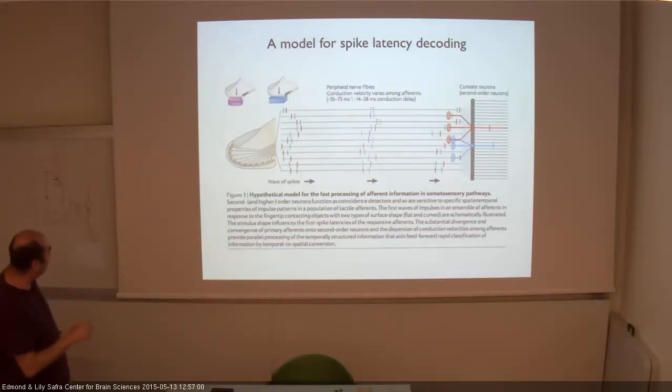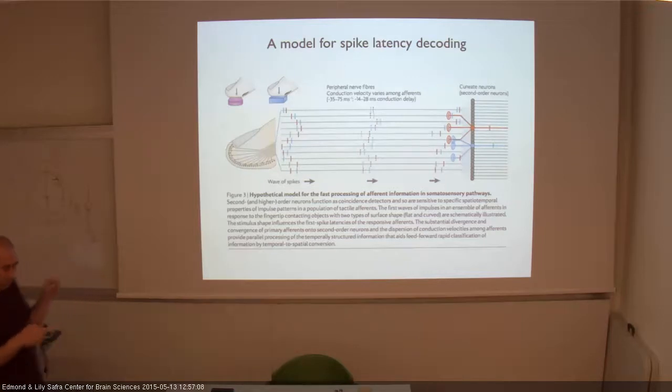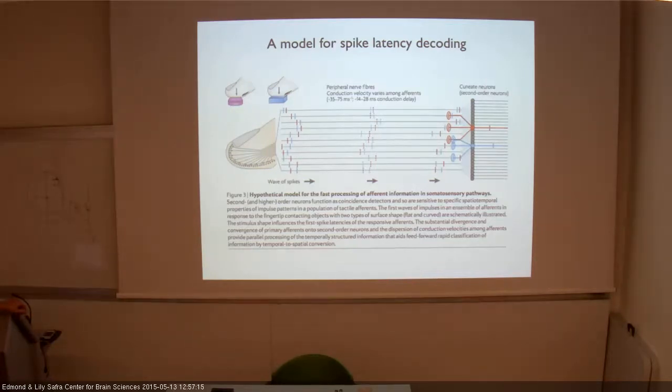So the ones on the edges, even receptors that don't touch, each get a different force because of this process. So now each one of the axons will fire a spike, but at a different time for each of these stimuli. It will fire more than one spike, but now we're looking only at the first spike. So each one of them will tell you a different pattern of first spikes depending on the stimulus.